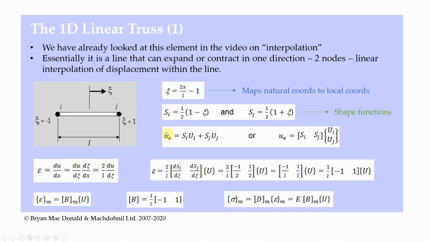We can rewrite displacement in terms of nodal displacements and shape function matrix. We can rewrite strain in terms of a strain displacement matrix and the nodal displacement vector. And we can rewrite stress in terms of E times B times U. So we've got expressions for all of those.